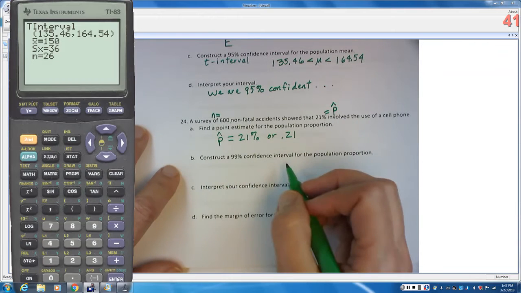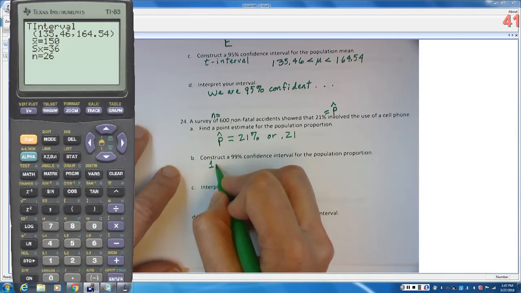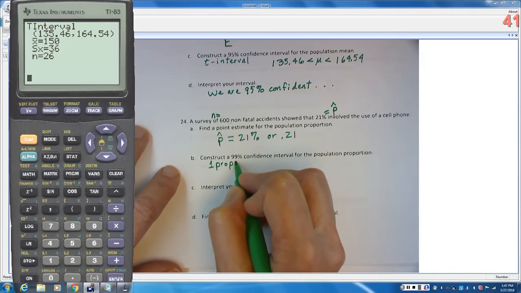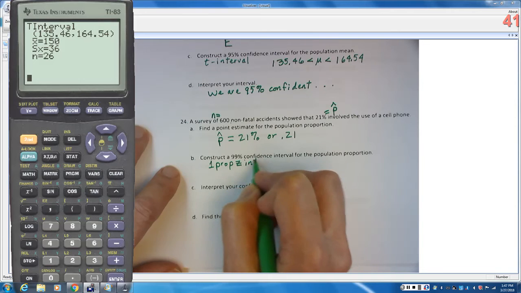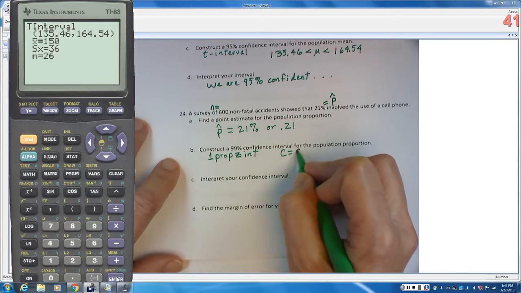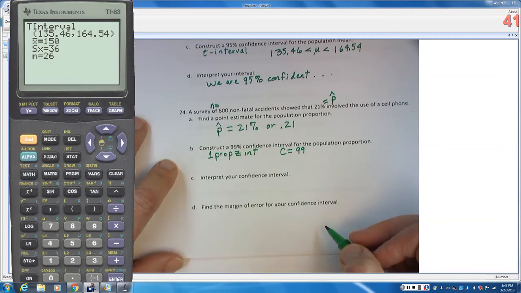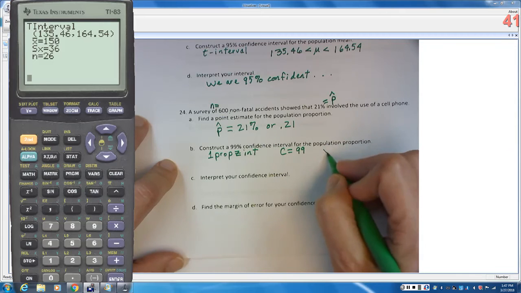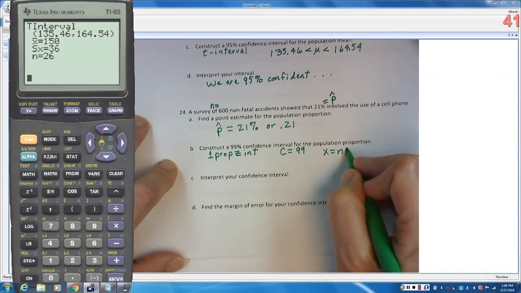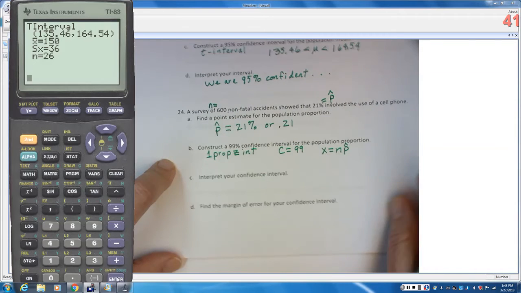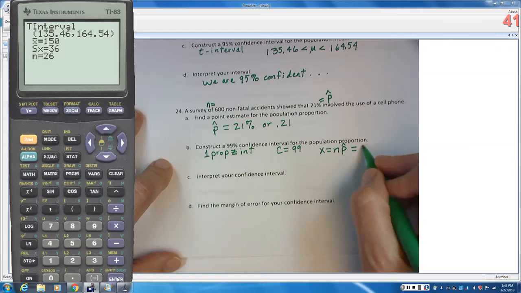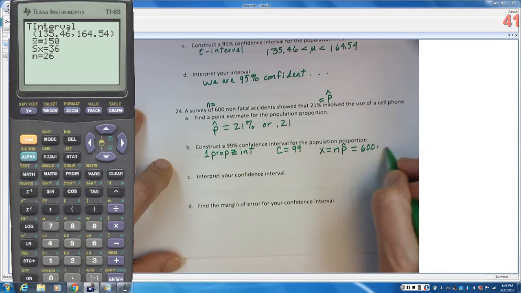Construct a 99% confidence interval. So it's a proportion, so you're going to use one prop Z interval. C is going to be 99%. But you have to find X. X is N times P hat as a decimal. So it's 600 times 0.21.